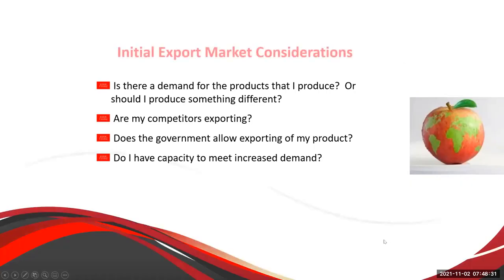So in the research, the first question you have to ask, is there demand for the product that I produce? Or should I produce a different product? Statistics will tell you, for example, that Europe is a large consumer of melons, particularly watermelon. That's what the statistics say.